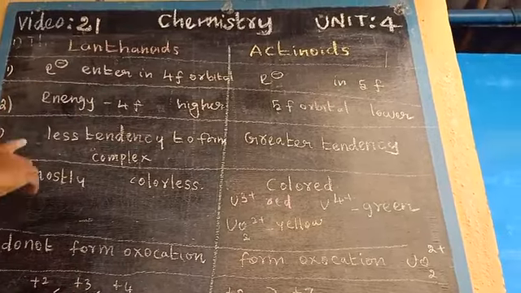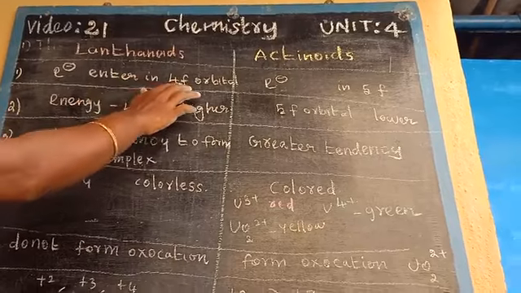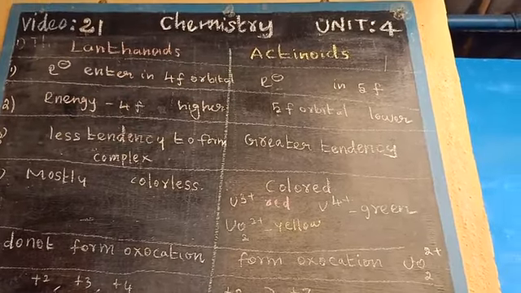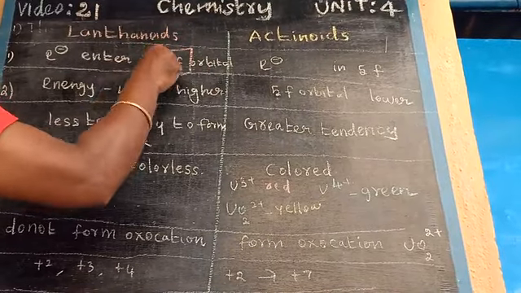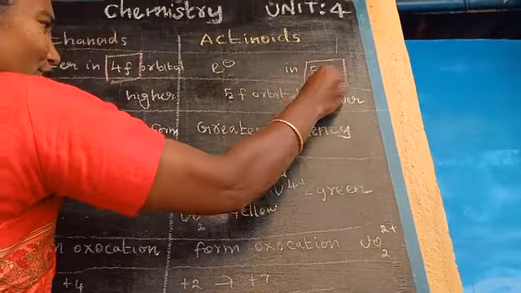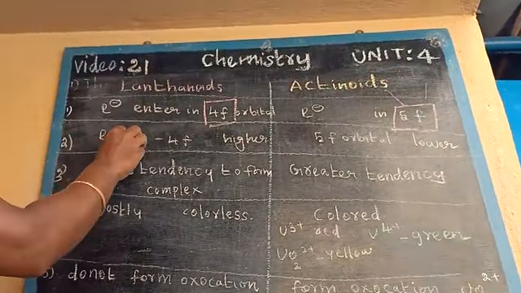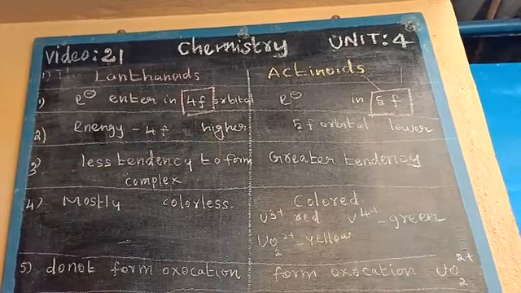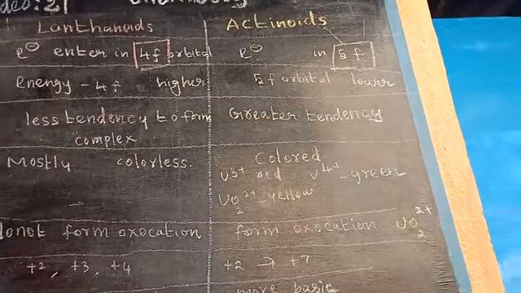In lanthanides, the differentiating electron enters the 4f orbital. Okay, as already told, this is the 4f orbital for lanthanides. In actinoids, the electron enters the 5f orbital. Next, the binding energy of the 4f electron is higher. Here the binding energy of the 5f orbital is lower.